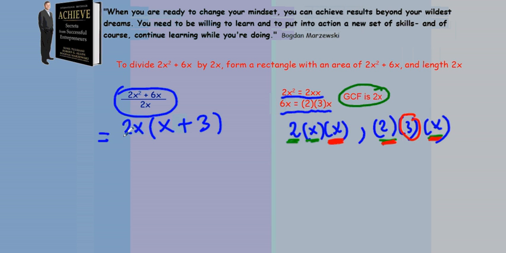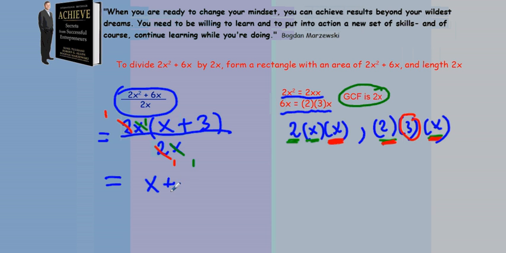And this is divided by 2x. Now please note, in the process of dividing, you can simplify. 2 can be divided by 2, and you have 1 and 1. Similarly, you can divide x by x, and you have 1 and 1. So in the end, we have x plus 3.